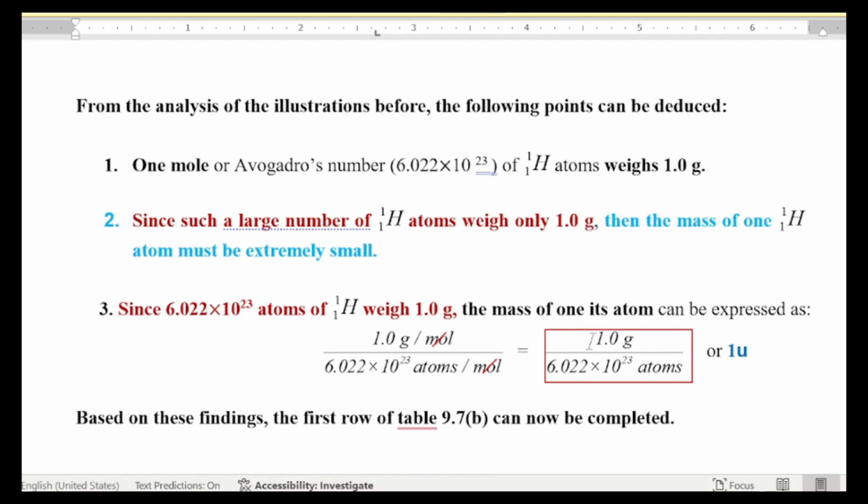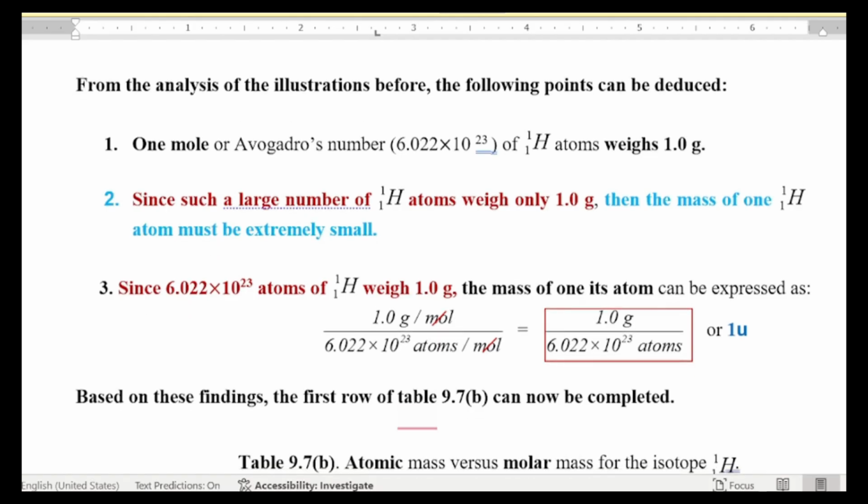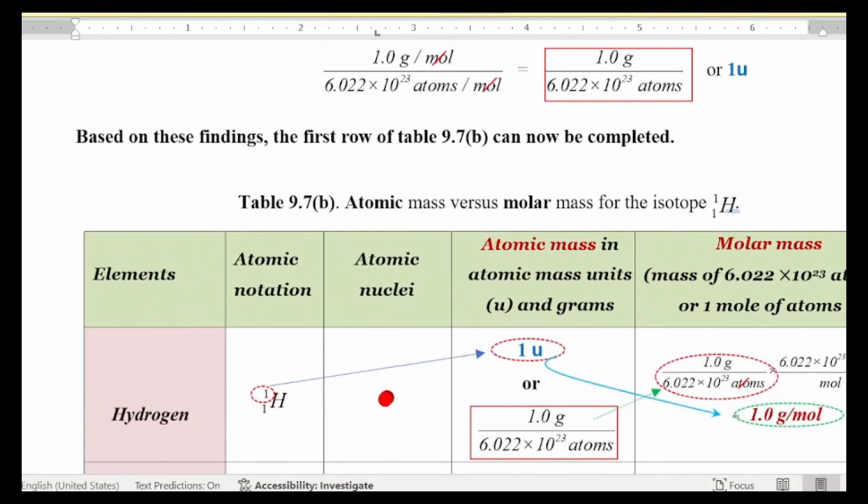So now we'll fill the first row of the table, where we will say that the molar mass of hydrogen is 1 gram per mole. So see what happens here. This 1 U translates into mass equal to 1 gram, which is 1 mole. But for 1 atom, you have to divide that by Avogadro's number of atoms.